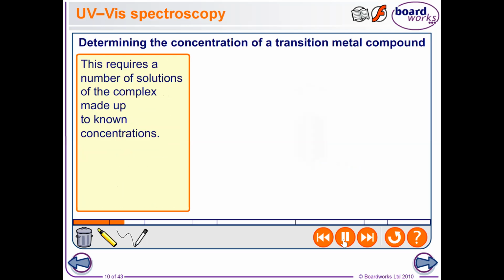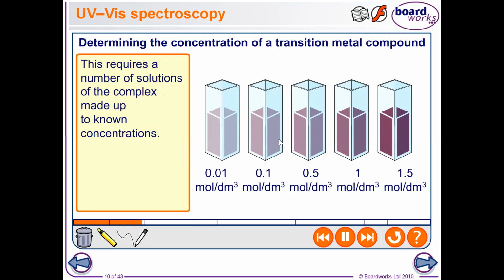This requires a number of solutions of the complex made up to known concentration. So you have to prepare first a number of solutions of the complex with known concentration, for example, 0.01 molar, 0.1, 0.5, 1, then 1.5 molar. So you have to prepare first the known concentrations of the complex for the calibration graph.